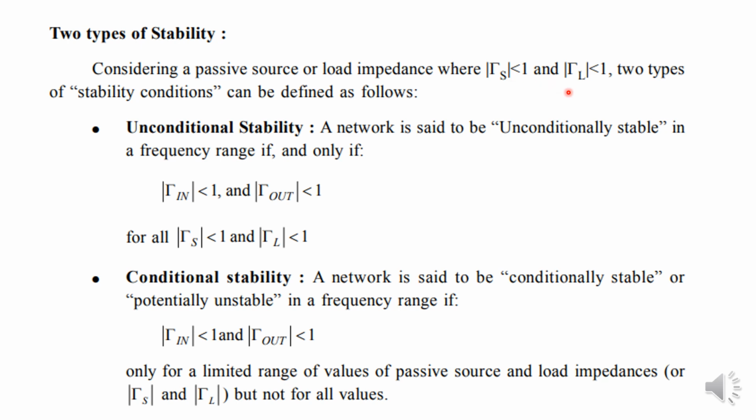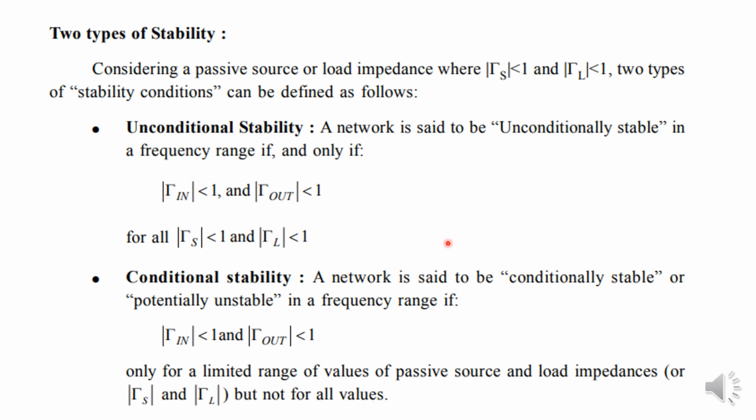The two types of stability conditions can be defined as follows. The first one is unconditional stability. Any network can be said to be unconditionally stable if and only if tau in is less than 1 as well as tau out is less than 1, for all the values of tau s less than 1 and tau L less than 1. This is the condition for unconditional stability.